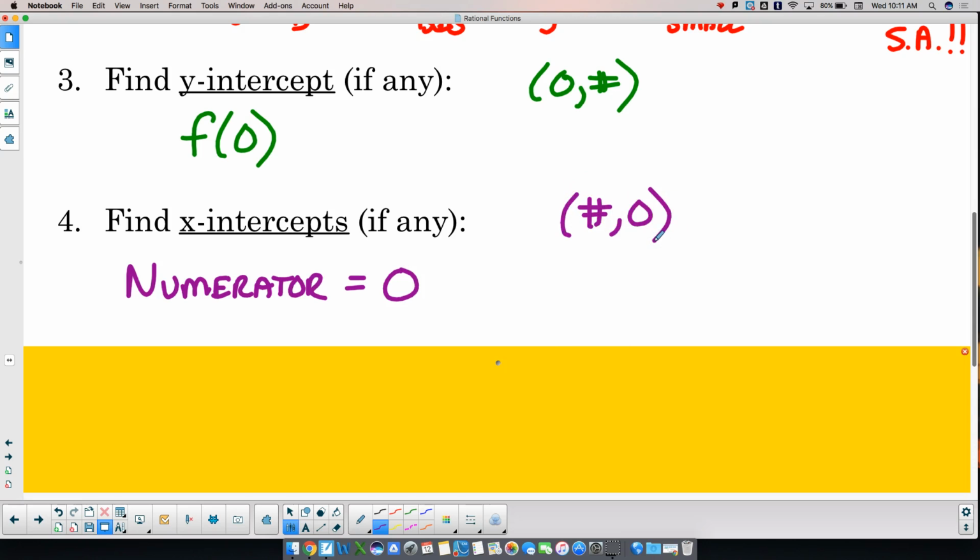Okay. Logic here now. How many intercepts can I get in step number 3? One or none. That's it. You can only have one y-intercept or no y-intercepts. Okay? In step number 4, how many x-intercepts can I get?